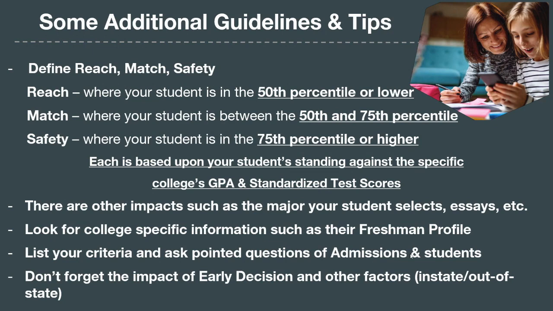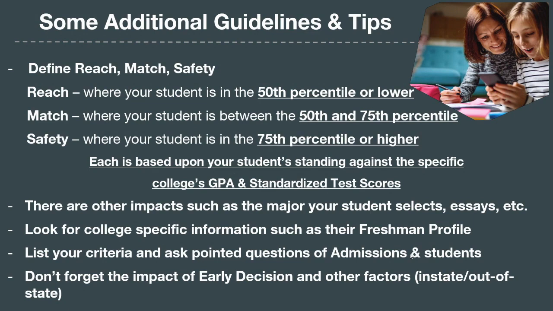And then don't forget things such as early decision and in-state and out-of-state makeup of the community. Early decision and the in-state and out-of-state makeup of a college could have a significant impact and make it much more difficult or potentially easier for a student to get admitted.